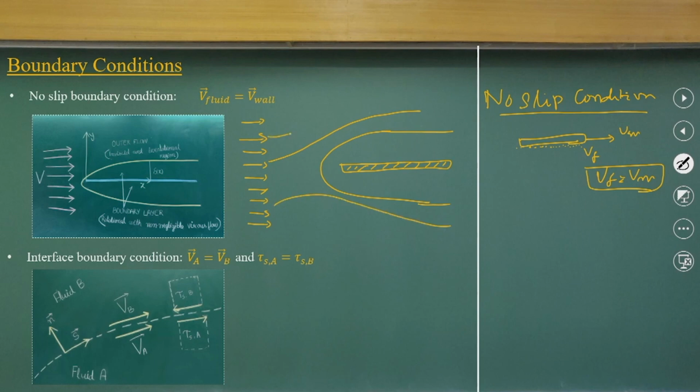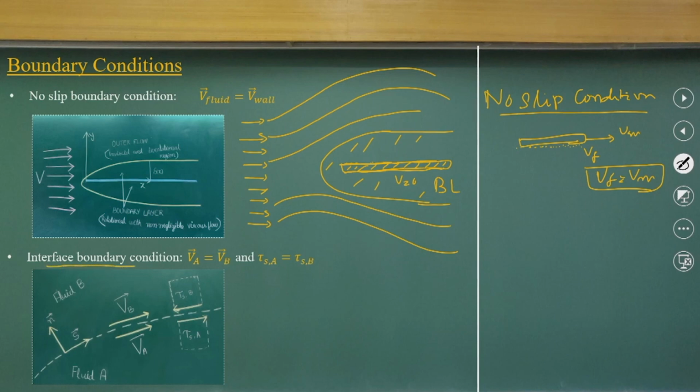If the plate is stationary, the velocity of the fluid particles should equal 0. So, velocity along this will be 0, along this will be 0. These are the reasons for the boundary layer concept, which we will discuss more. Beyond the boundary layer regions, the flow is irrotational. That is the concept.